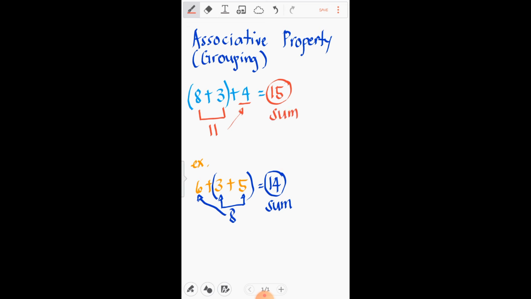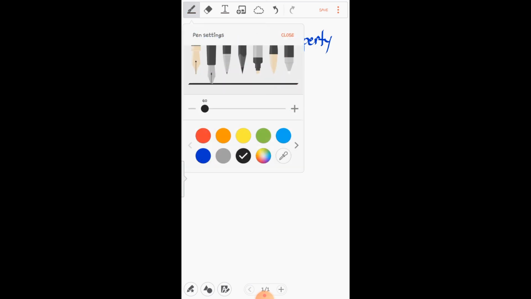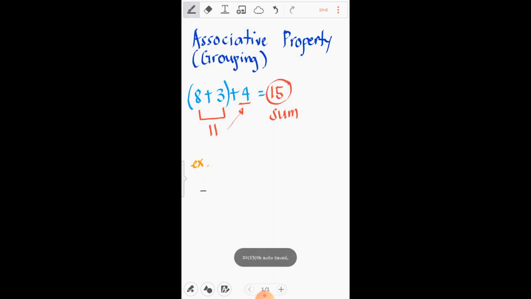Easy, right? Okay, one more until we master it. Say for example, I have 9 plus 1 plus 8. Let's try to look for the sum. Okay, this time I would like to group 1 and 8 first.